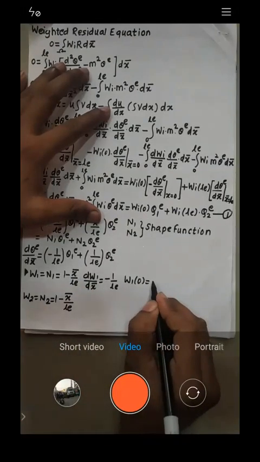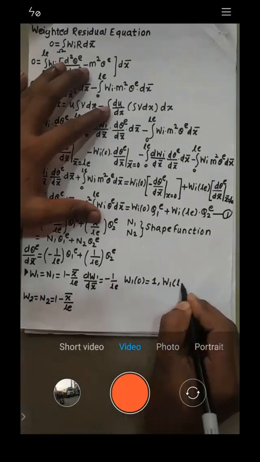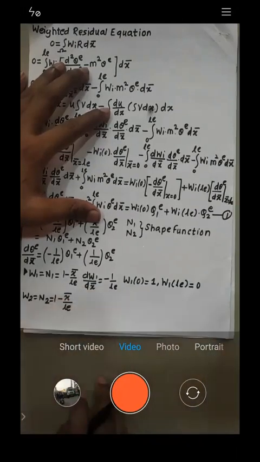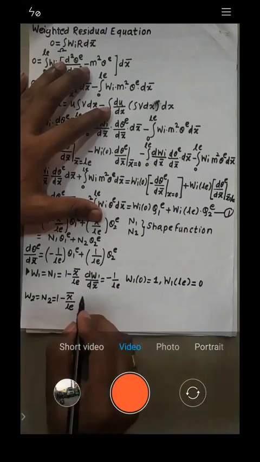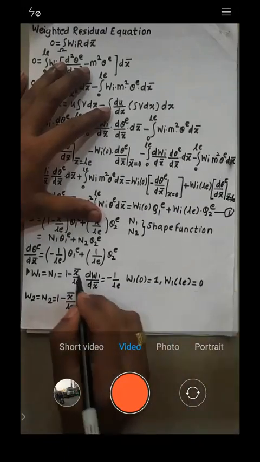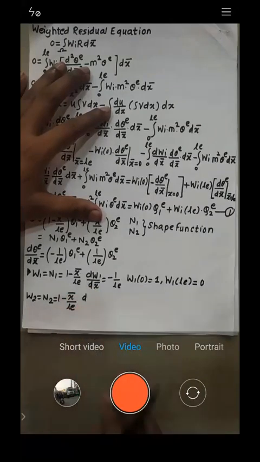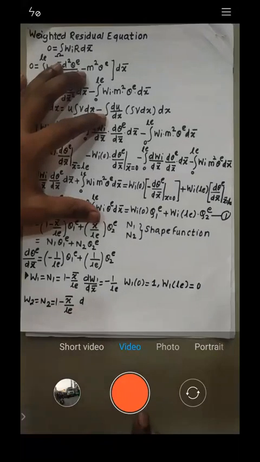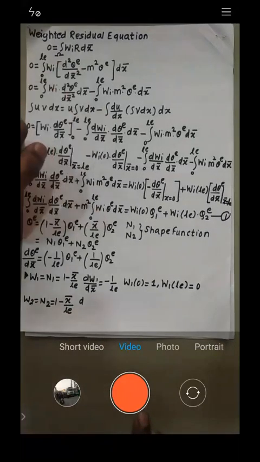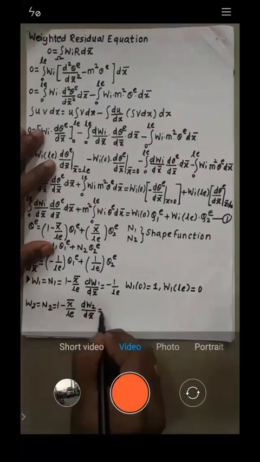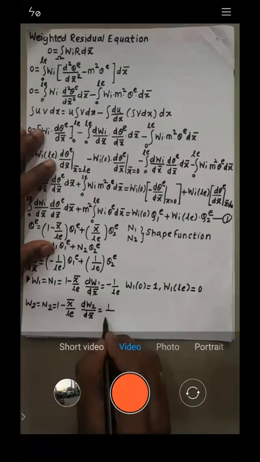Similarly, if you put x bar as LE, what value will you get? 1 minus 1, so it becomes 0. Okay, sorry. Now just take the derivative of the second weight function with respect to x bar. It's 1 by LE.